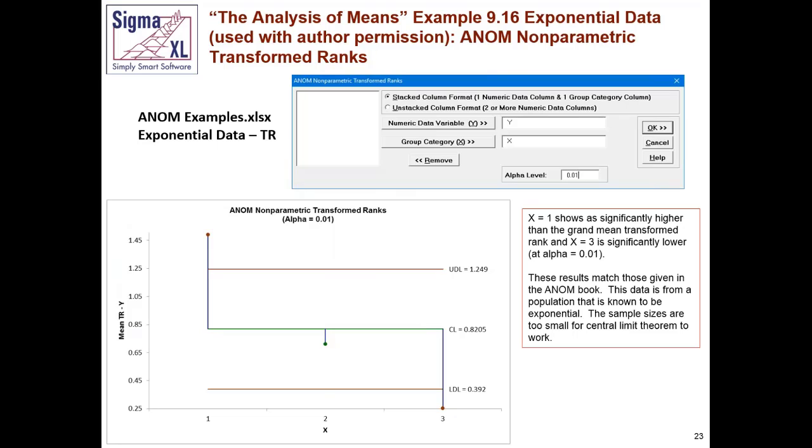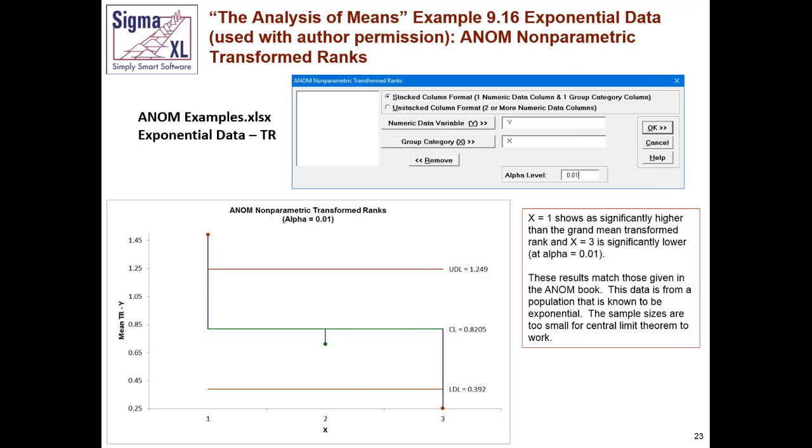In this particular case, I have an example where we have some data that comes from an exponential population, and we see clearly a significant effect. When x is 1, we have a significant positive effect, and when x is 3, we have a significantly lower effect, or lower than the grand average.